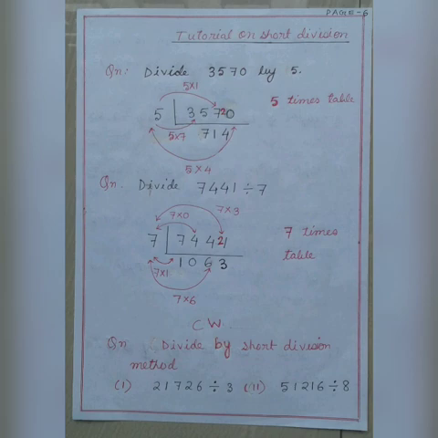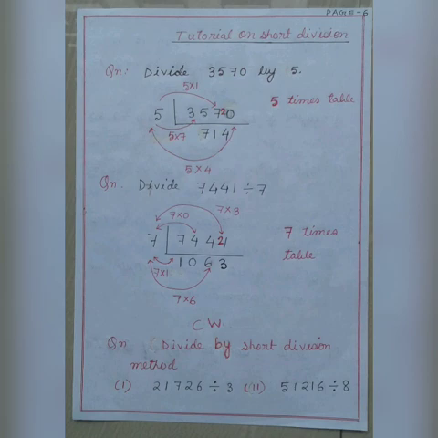This 4 with the next digit will make 44. How many 7 in 44? 7 into 6 is 42. So 2 will be remainder, and I have written 6 in quotient.